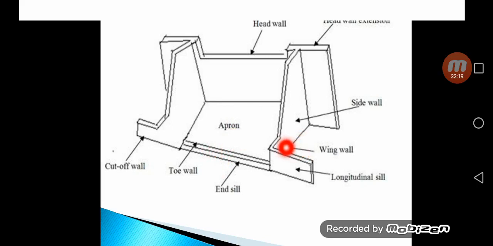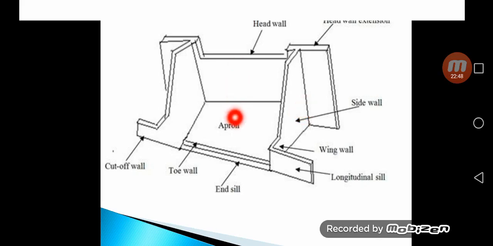Next are the wing walls. Wing walls are the vertical walls extending from side walls into the channel bank to protect the banks from swirling effect. As the water velocity is very high inside the dam, there is a swirling effect at this area. So to protect the banks from swirling effect, the wing walls are used.